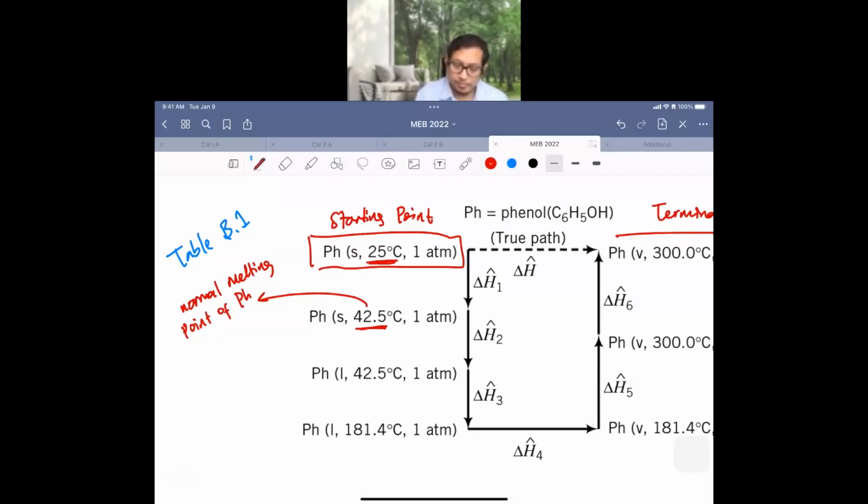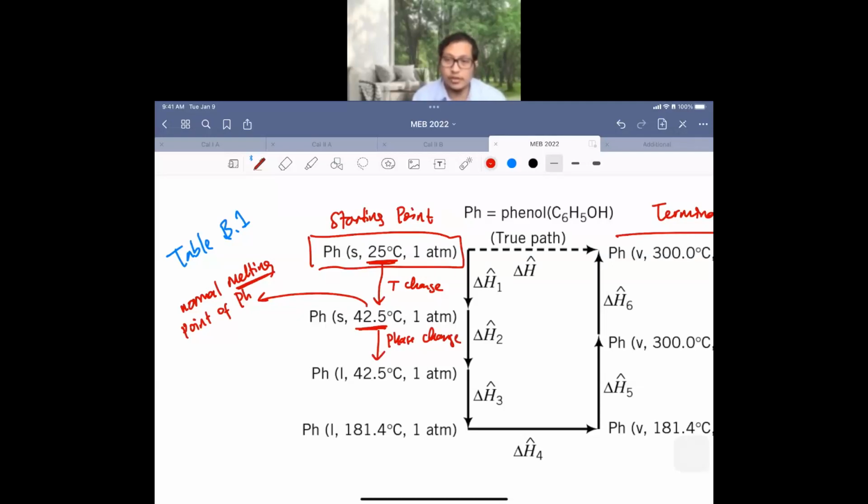And of course, if you have melting, then you need to change the phase. We take it into different delta H. So the first one is when the temperature changes. The second one is when the phase changes.